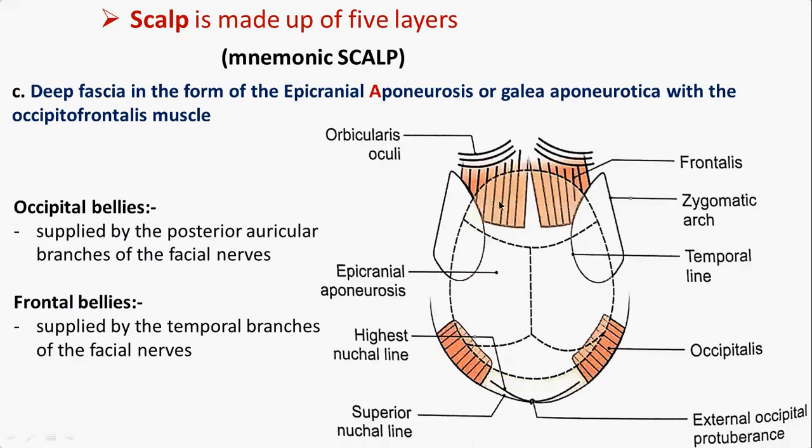It mingles with the orbicularis oculi and the corrugator supercilii muscles. The occipital belly, the posterior part, is supplied by the posterior auricular branch of the facial nerve. The frontal belly is supplied by the temporal branch of the facial nerve.